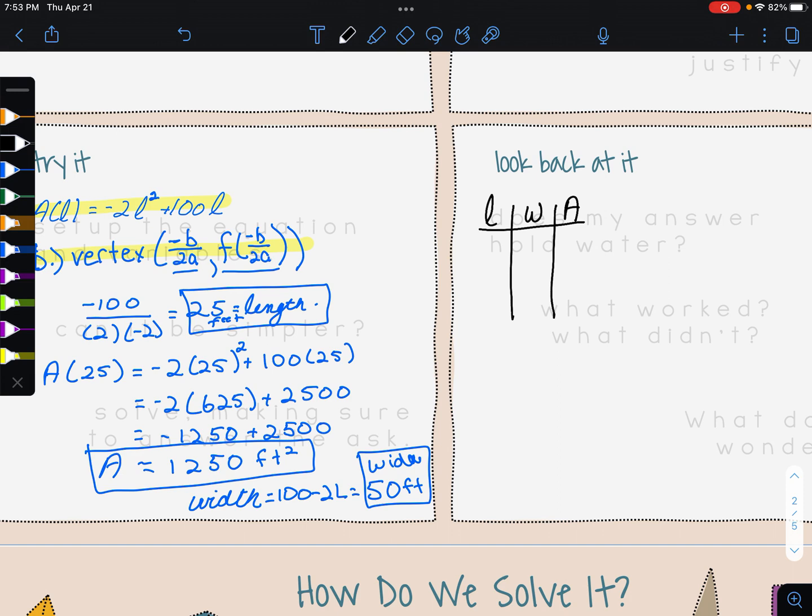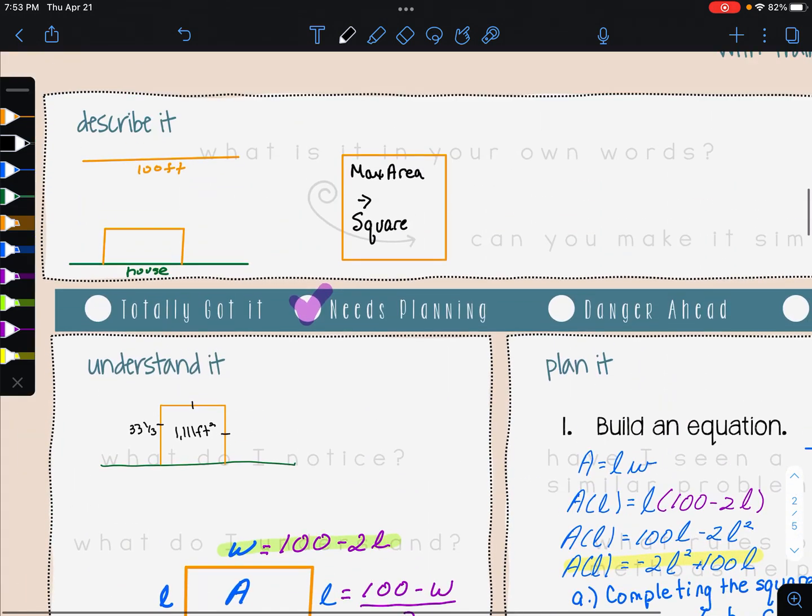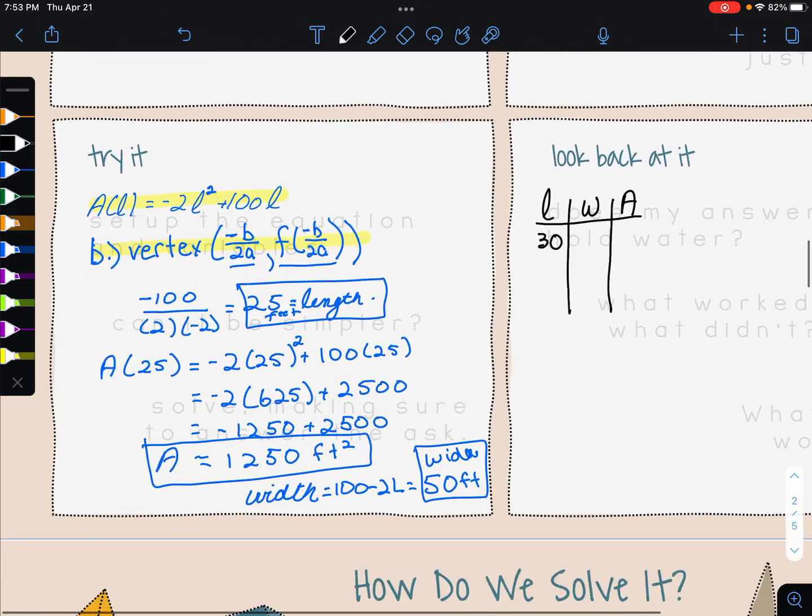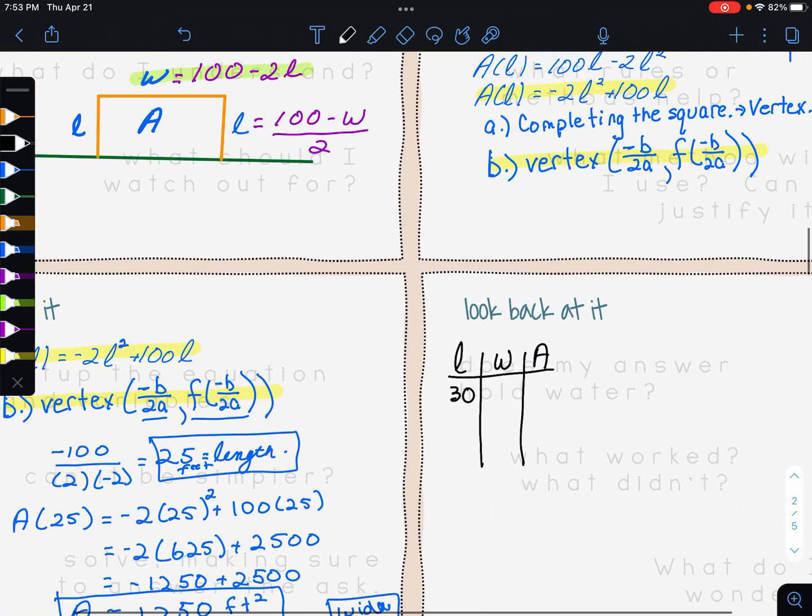So if the length was, let's say 30, and so it would be 30, 60, and then the width would be 40, then the area would be 1,200, and that's less than 1,250.